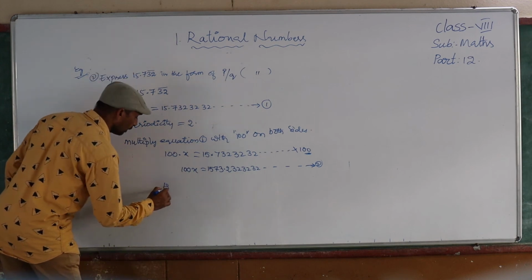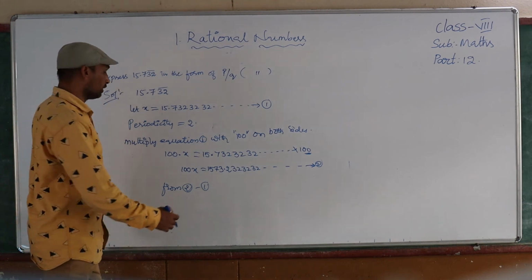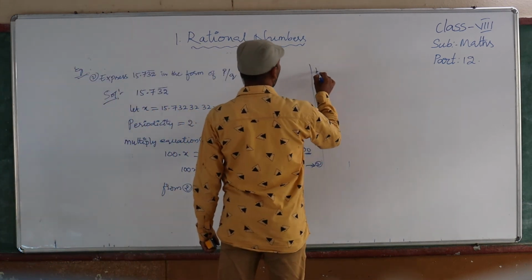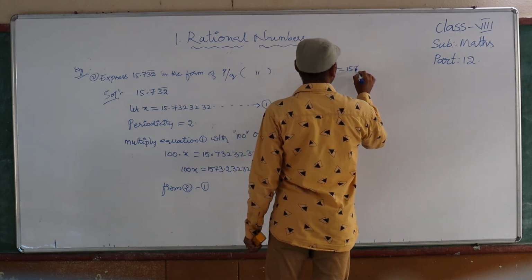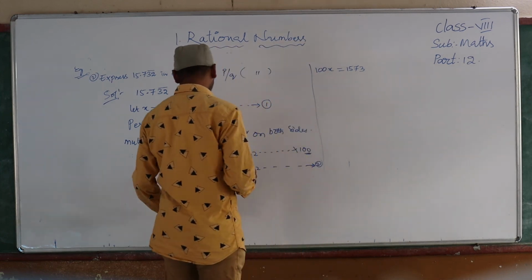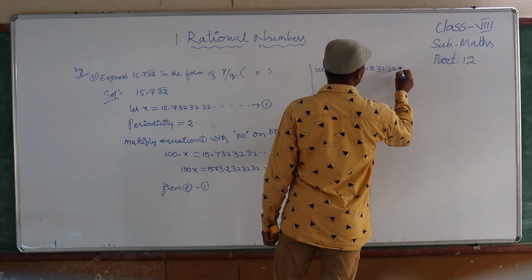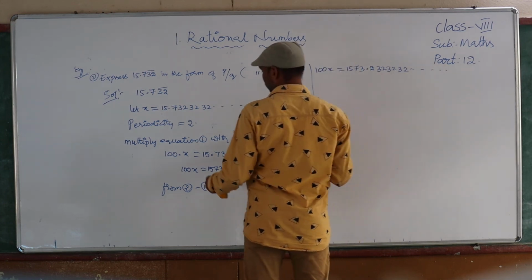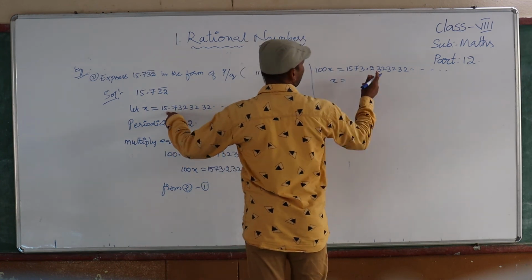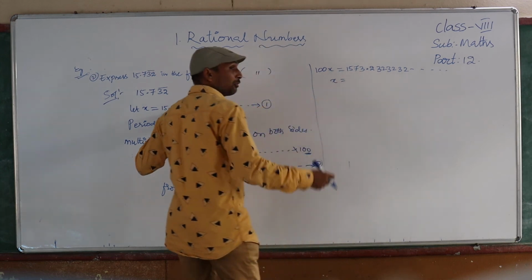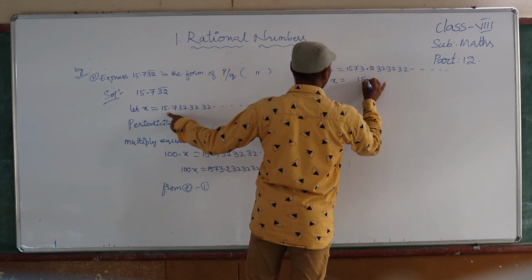Then we subtract equation 1 from 2. What is the second equation? 100x equals 1573.2323232 and so on. And the first equation is x equals 15.7323232 and so on, written in order.